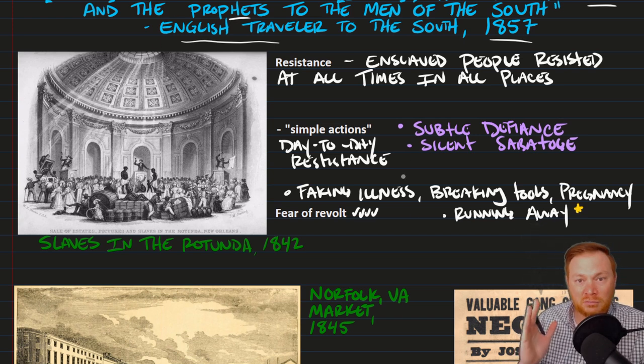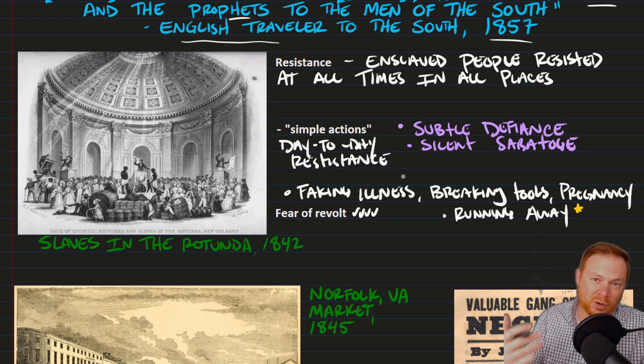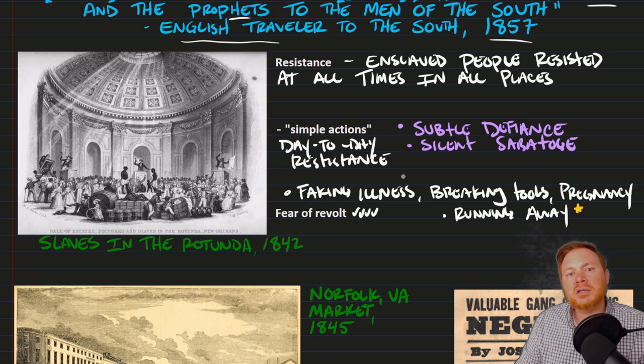As far as violent revolt goes, slave revolts in the American context were actually quite less common than you find in other places or economies around the world, like the Caribbean, for example. But one thing that is definitely true is that the fear of a slave revolt was constantly in the minds and really the hearts of the enslaving class.